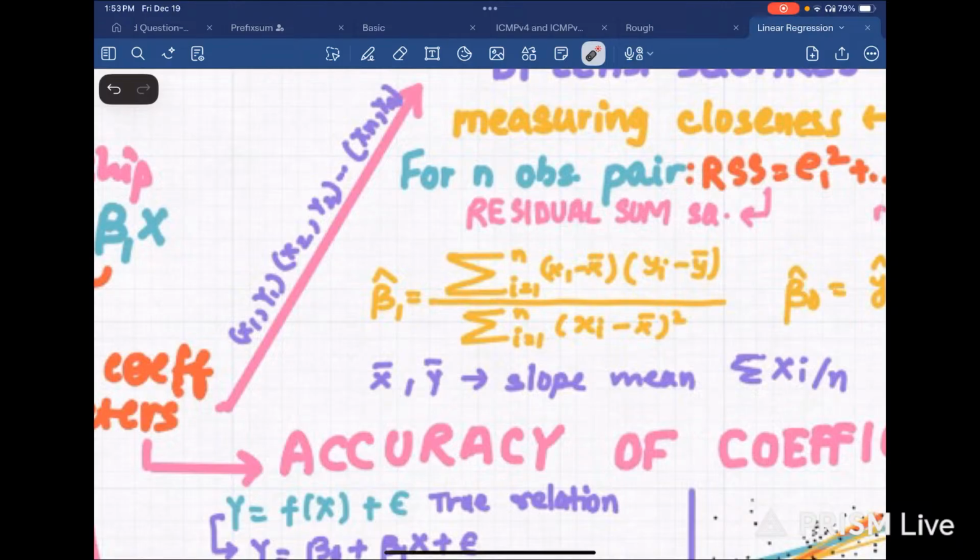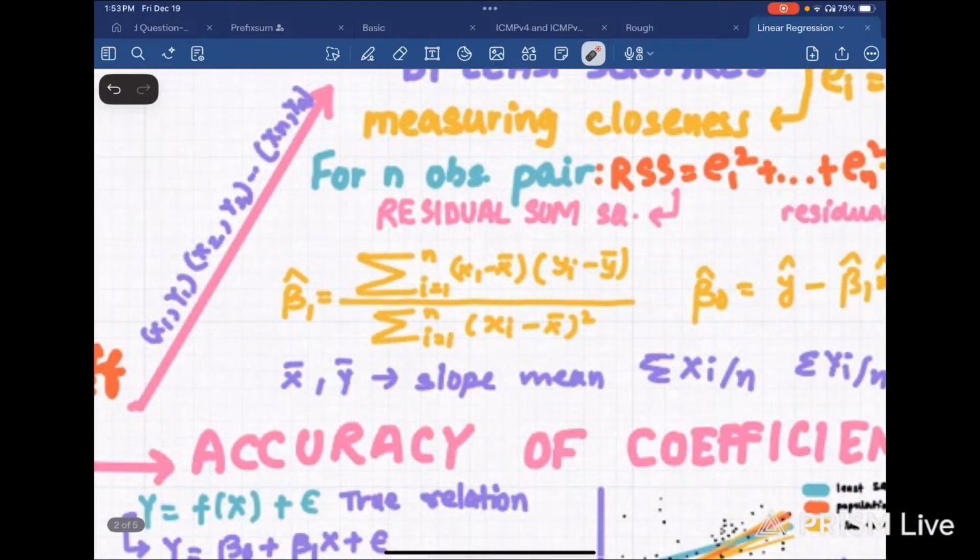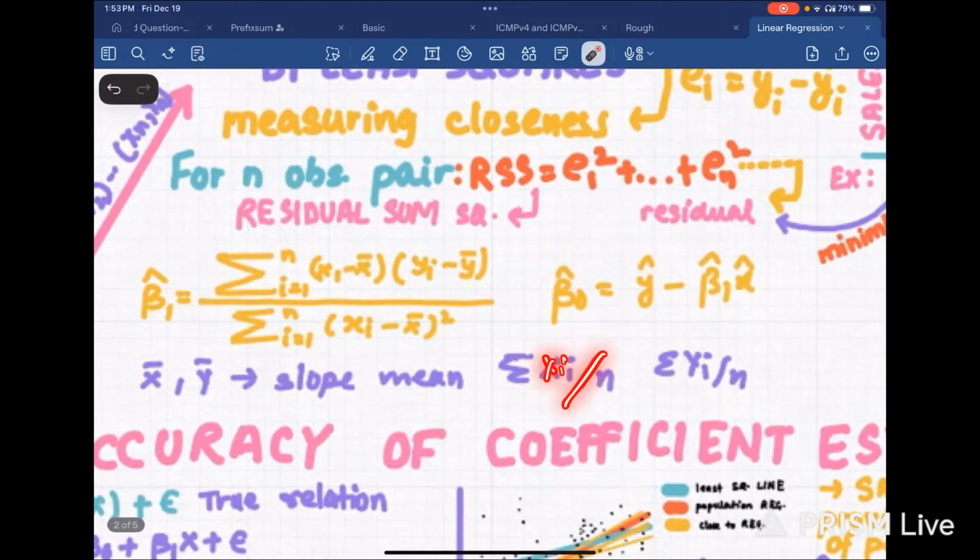The slope is the sigma over all the points of xi minus x dash times yi minus y dash, divided by sigma of xi minus x dash whole square. Here x dash and y dash are the sample means, xi divided by n and yi divided by n. And we know that beta naught is found by y dash minus beta 1 cap times x dash. So we have found beta naught using beta 1.